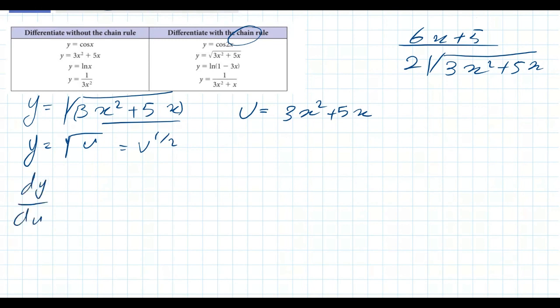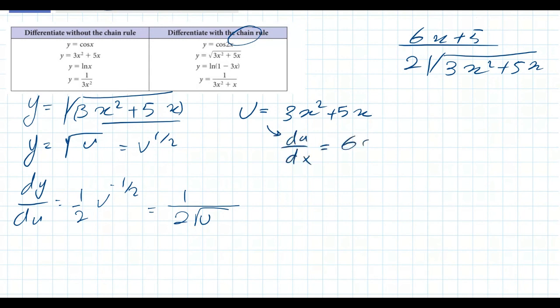It becomes half, and then u power negative half, which is half by u under the root, right? And to find du with respect to x, it becomes 6x plus 5, right?